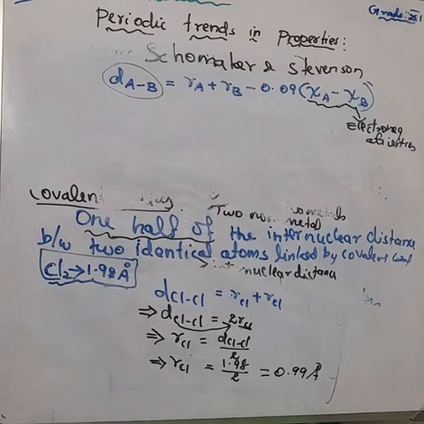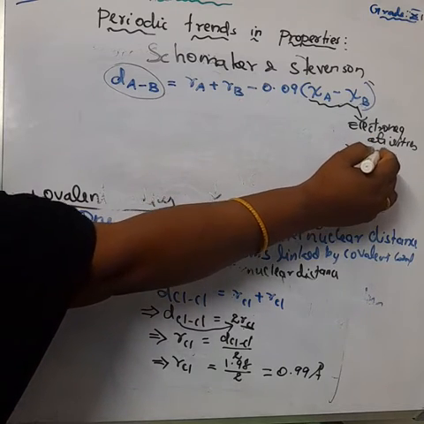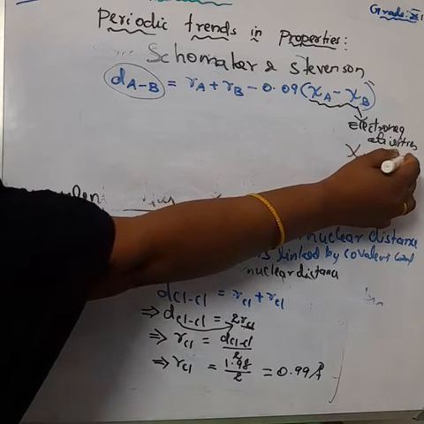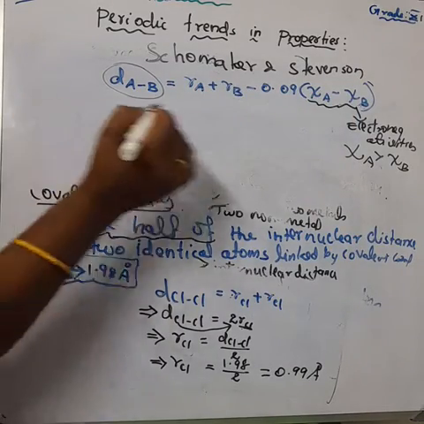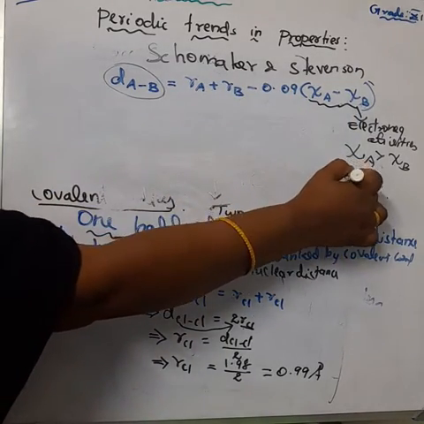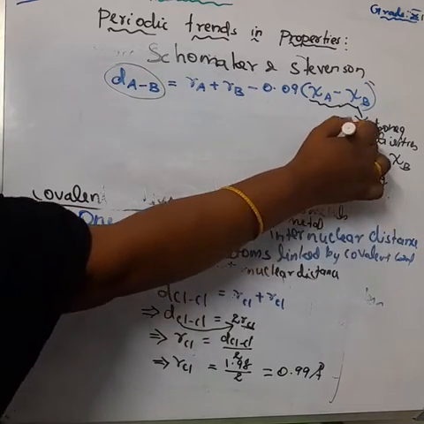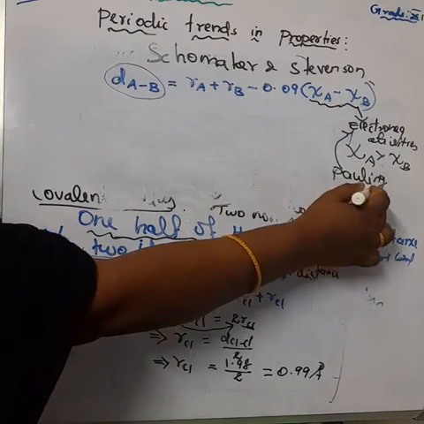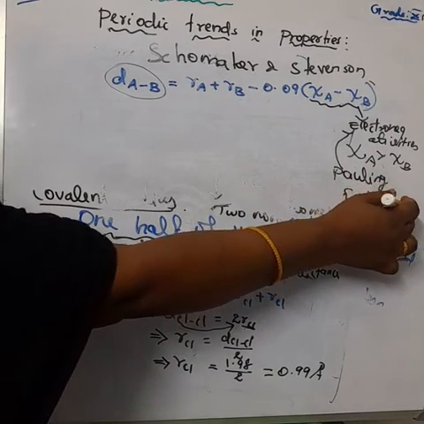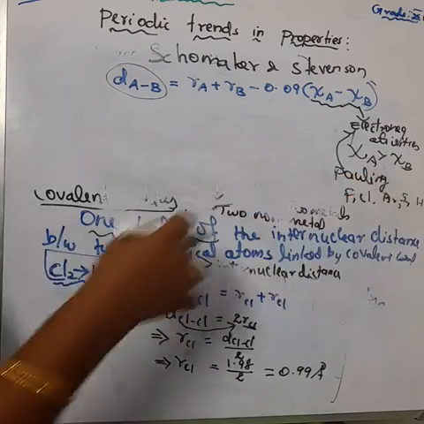Always χ_A is greater than χ_B. The electronegativity values were already predicted by Pauling, one of the scientists, for the most electronegative atoms, that is fluorine, chlorine, bromine, iodine, the halogens, and nitrogen.